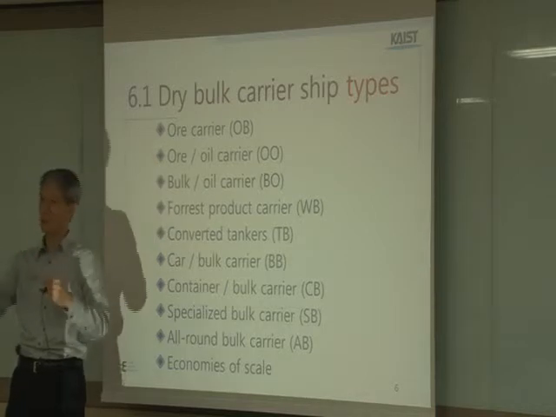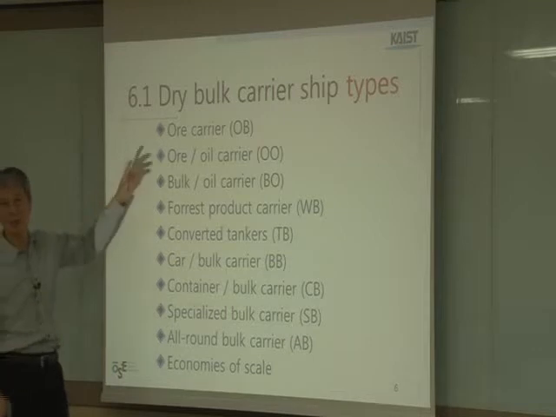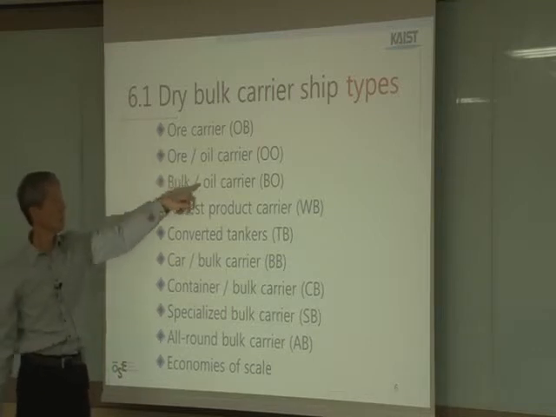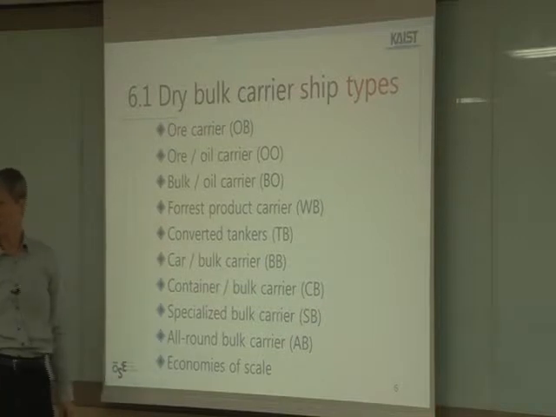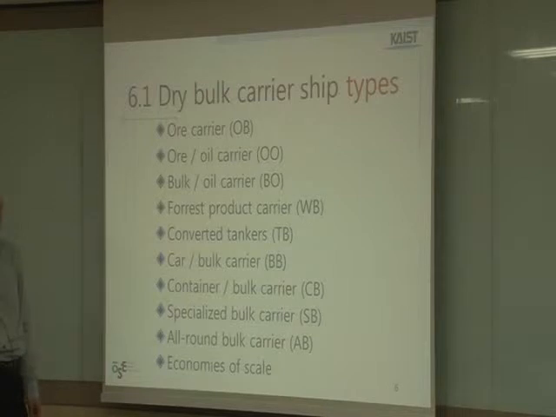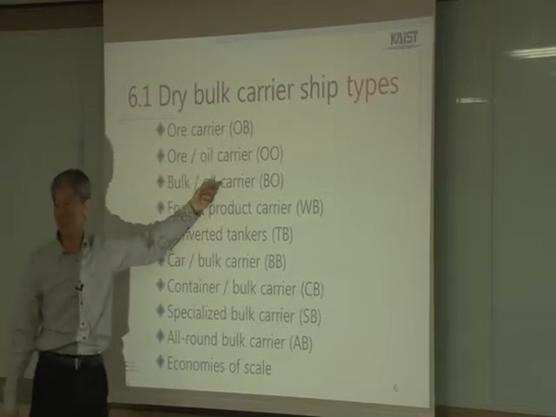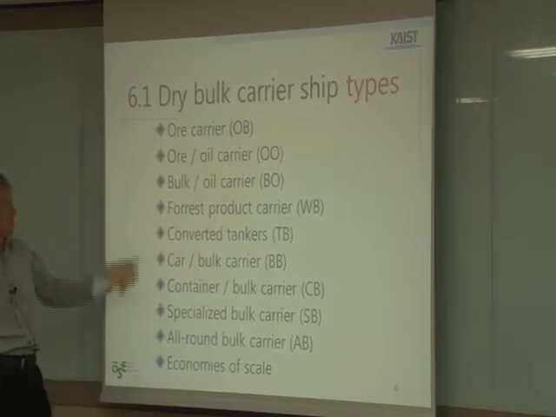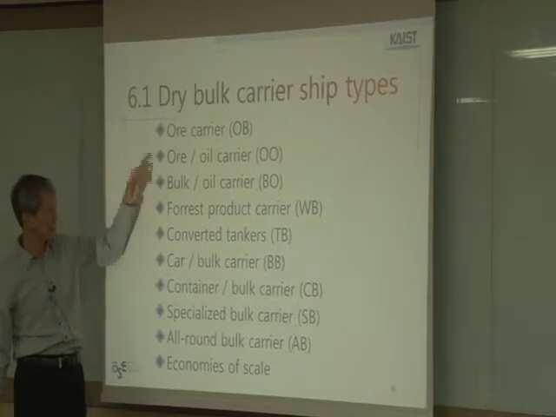So in this way ore, in this way oil, depending on the situation. And bulk oil, grain, forest products. Is it dry bulk? Because you said oil is wet. You're right. Still there is ore there. Specialized dry bulk, forest products, paper wrap or roll.